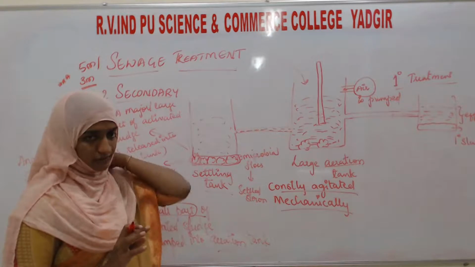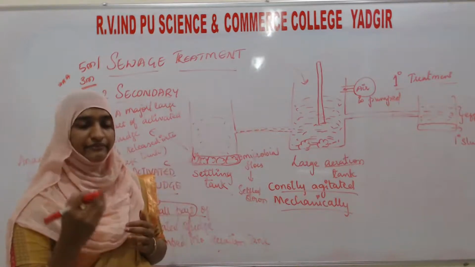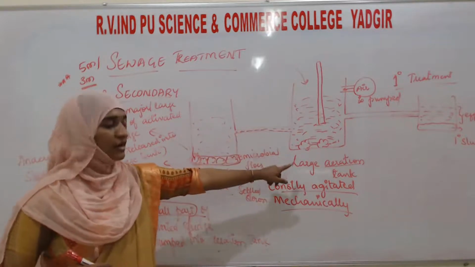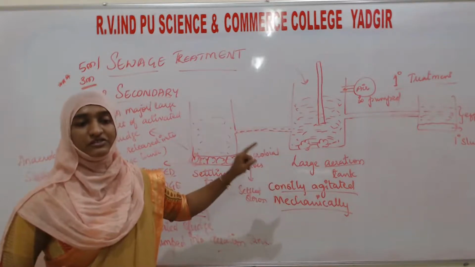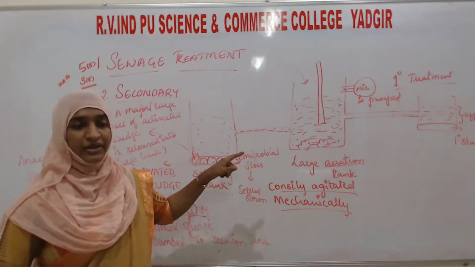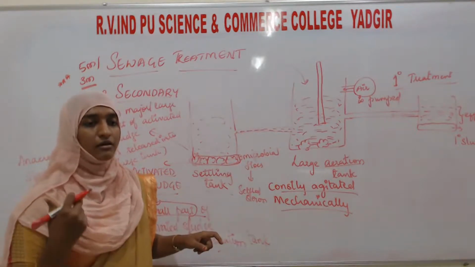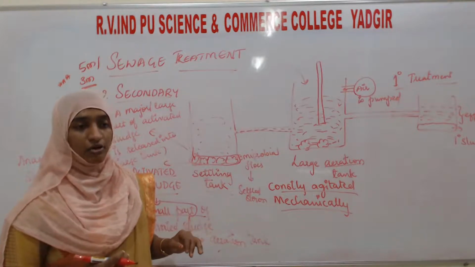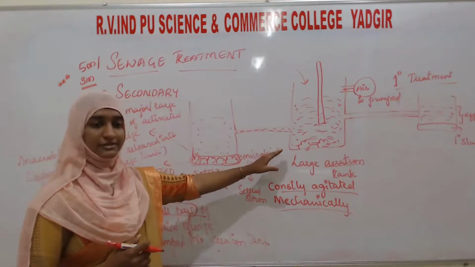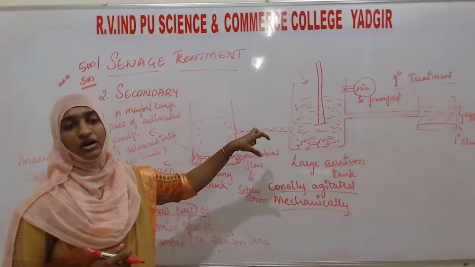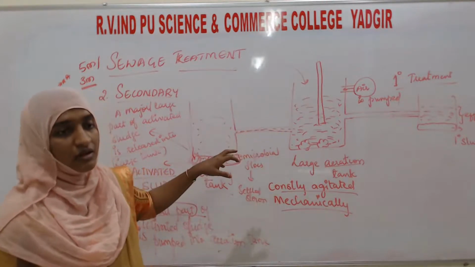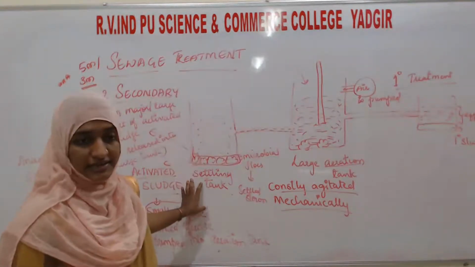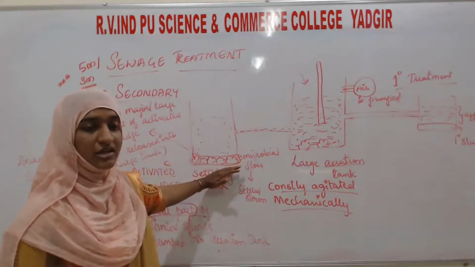Listen here carefully. In the primary treatment, only filtration and sedimentation take place. Then, in the secondary treatment, in the large aeration tank, air is pumped continuously and there is constant agitation, which allows the growth of aerobic bacteria. Next, there is formation of the floc. That floc is introduced into the large settling tanks where all the microbial floc settles down.